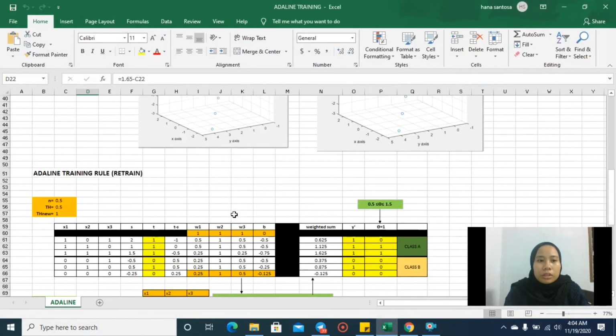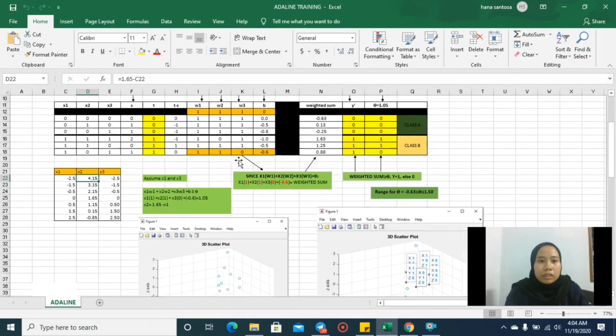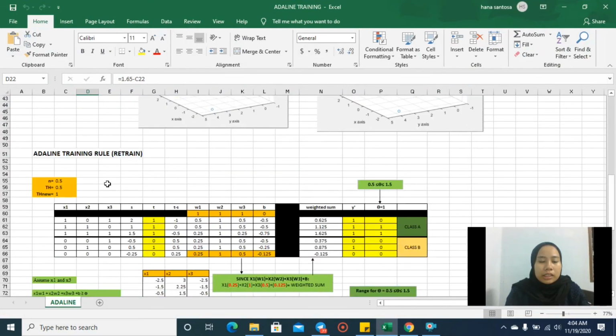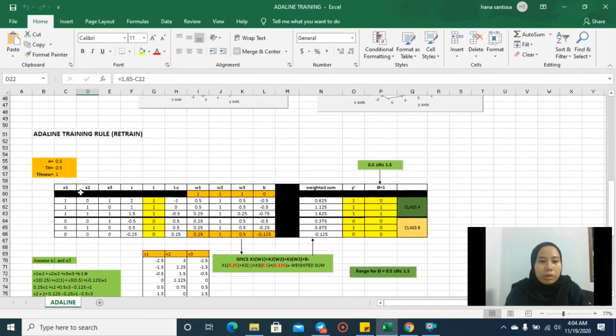Okay, I will continue the Adaline training rule by retraining. From the table data, we retrain the data x1, x2, and x3, and the target values which are 1, 1, 1, 0, 1, 0.